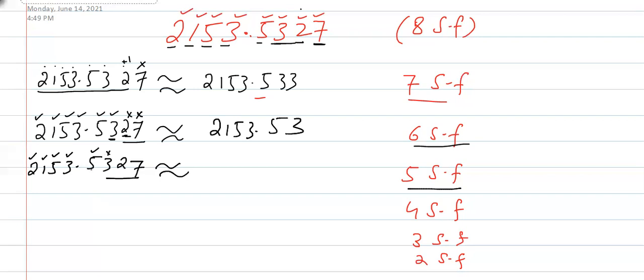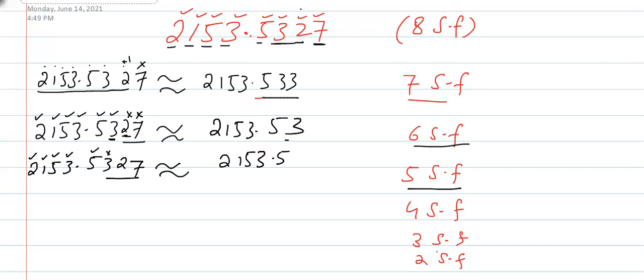So it will not bring any change, just write as it is. It will become 2153.5. So 1, 2, 3, 4, 5 significant figures. Look, in this case, there are 3 decimal places, 2 decimal places, 1 decimal place. So that's why, again, I repeatedly say, don't confuse significant figures and decimal places. They are entirely different things.